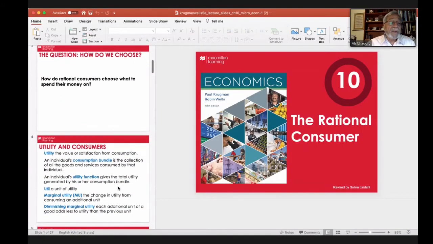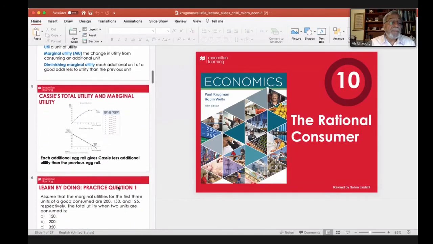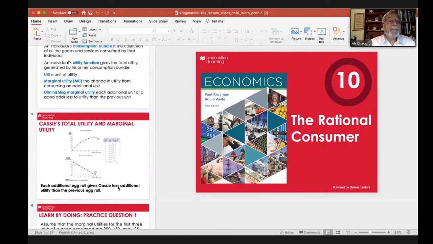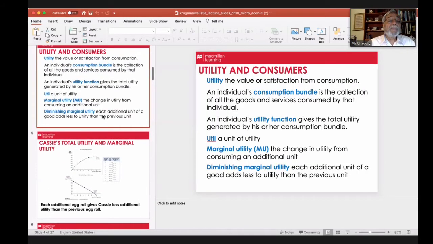Okay, yes. So let's go to the very important points to remember about chapter 10. Definition of utility and marginal utility. And then on top of it, diminishing marginal utility. That's going to be the key.